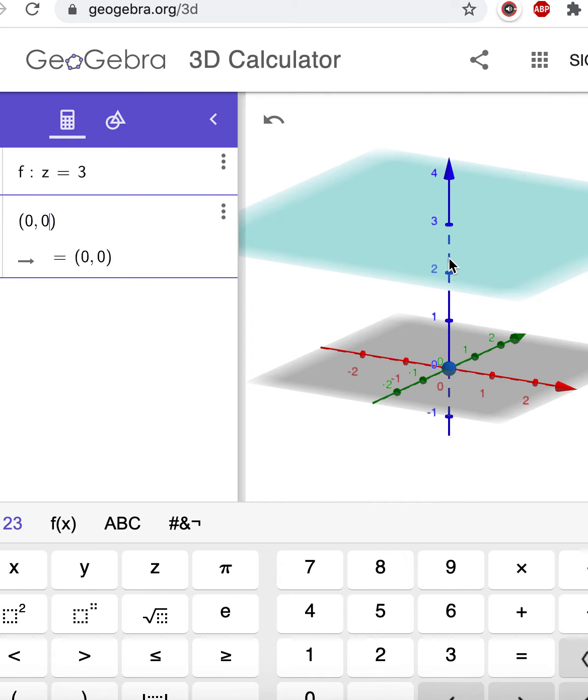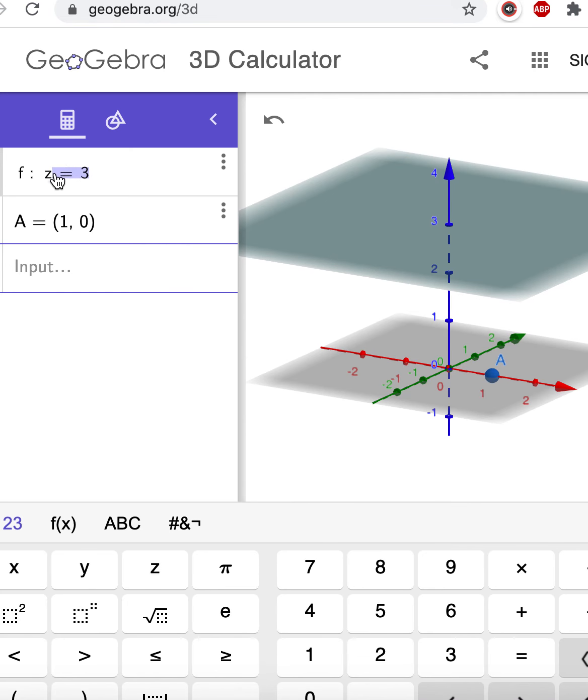You want to trace it up and see how many times you intersect with the surface. And it's only once, right? Now what if we move that point around to 0, 1 and trace it up, and it only intersects once? And what if we do 1, 0? Trace that up, and it will only intersect the plane once. So it's still a vertical line type of test that we're doing. As long as we only intersect once for every combination of x and y, then it's a function. So z equals 3 is a function.